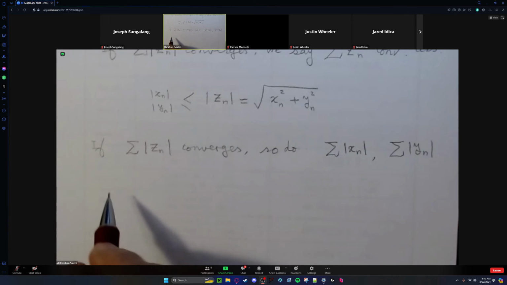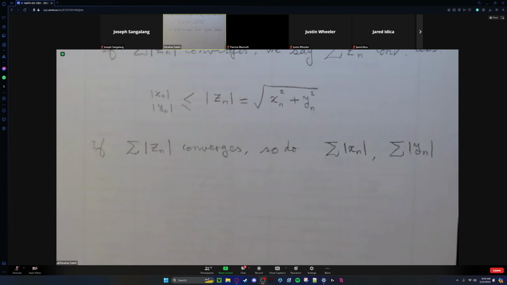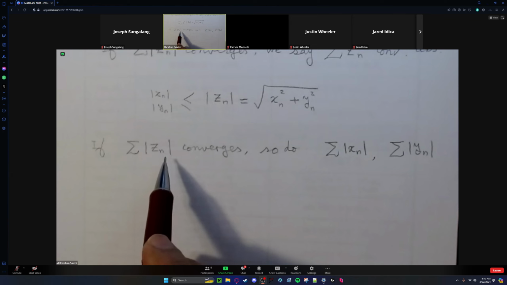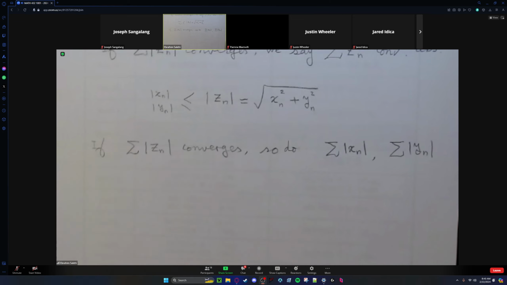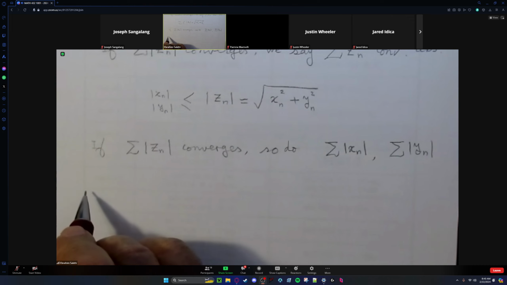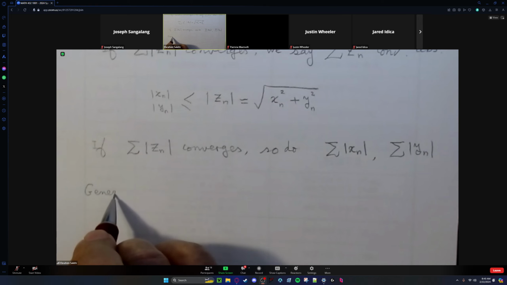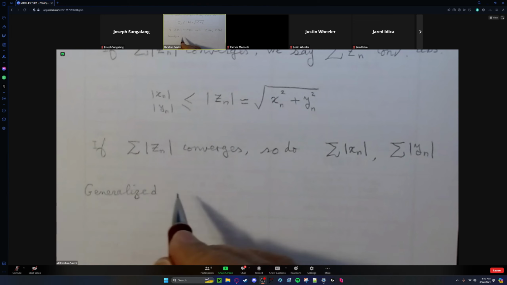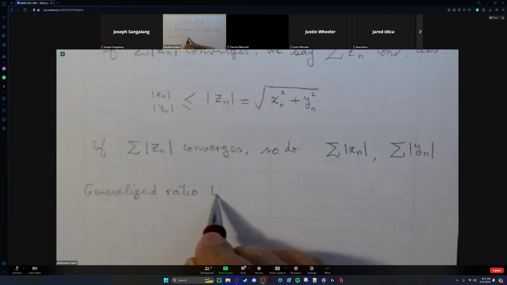Here is what we do. The first thing we do is see if this converges. Now this is a real sequence, so we apply the generalized ratio test or nth root test.